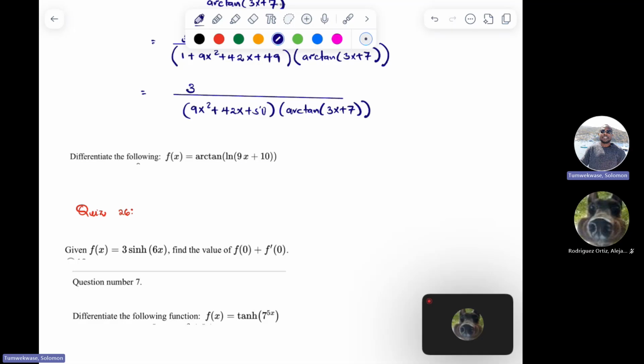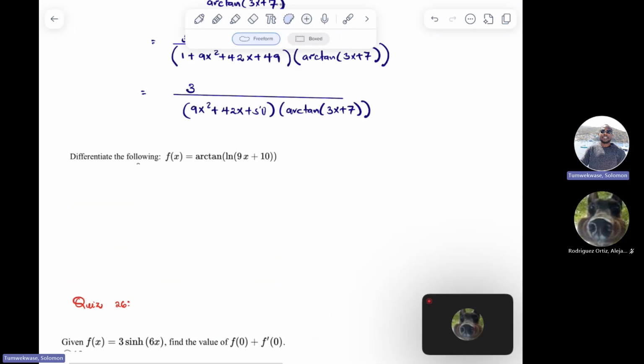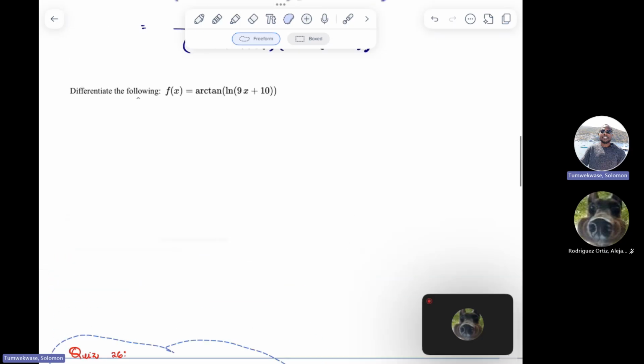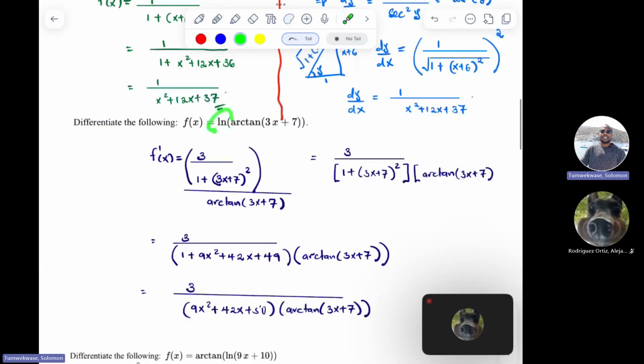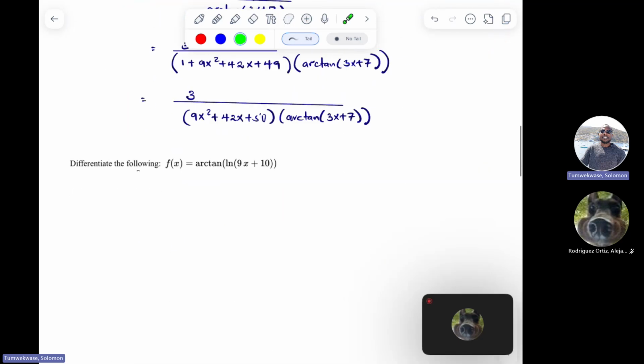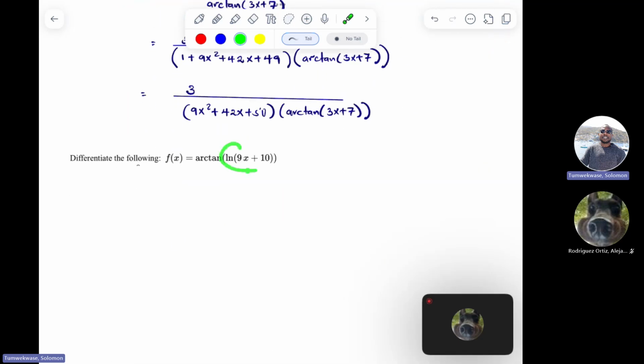Okay, so finally, for me, according to the questions I chose, this was one example where the natural log is outside. So I first use the rule of natural logarithms for differentiation, which says that you take the derivative of whatever is inside, then divide by the same exact function.